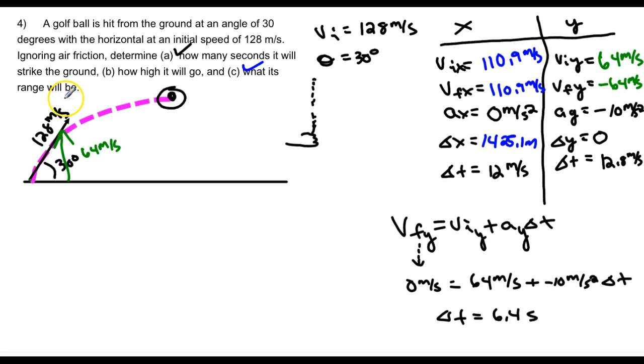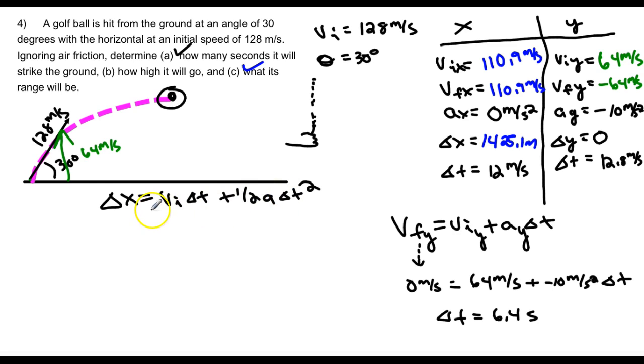But the question is, what is the maximum height? Well, now we need an equation that will give us delta y. So remember, once again, in the one-dimensional kinematics, we would have delta x is equal to your initial velocity times delta t plus 1/2 at squared.